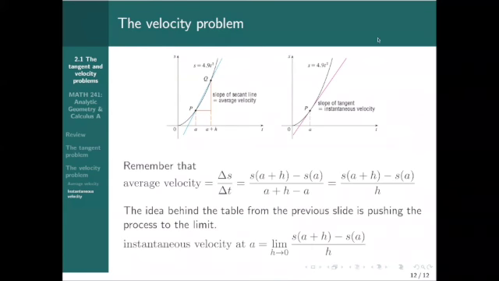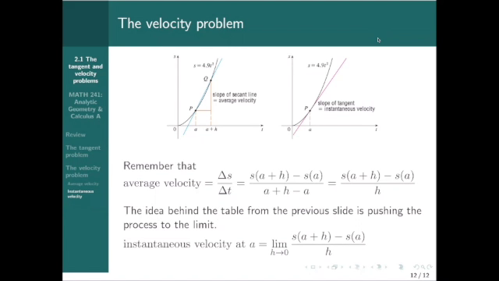The idea of the table in the previous slide is pushing the process of evaluating the average velocity to the limit. This means that we will approach Q to P, and when it happens, H will go to 0, as I'm going to show you in a GIF.